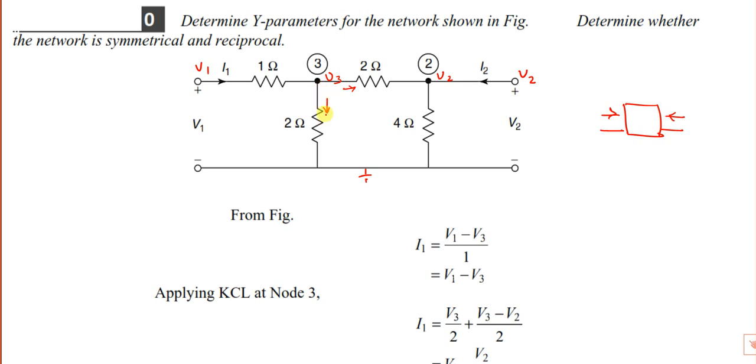This current is going to divide between this and this. So if I apply KCL at node 3, current entering the terminal is I1. Current leaving the node is V3 minus 0 by 2, plus V3 minus V2 by 2.